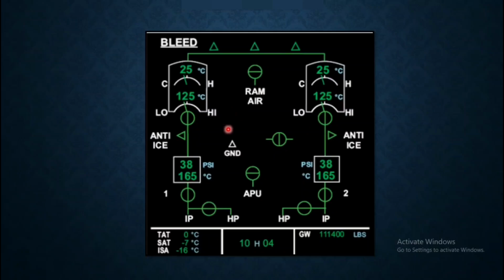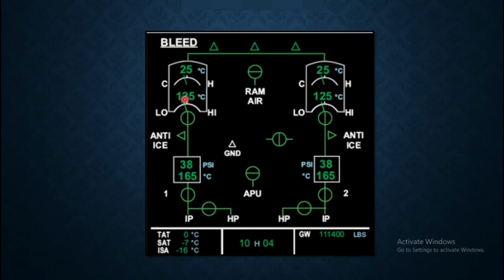And if valve is fully closed but disagrees with the control position, then also you'll get amber warning. This is your open condition, and this will be like this in the closed condition. If it is in amber color in open or closed condition, it means the valve disagrees with the position, so you will get amber caution on this particular valve.